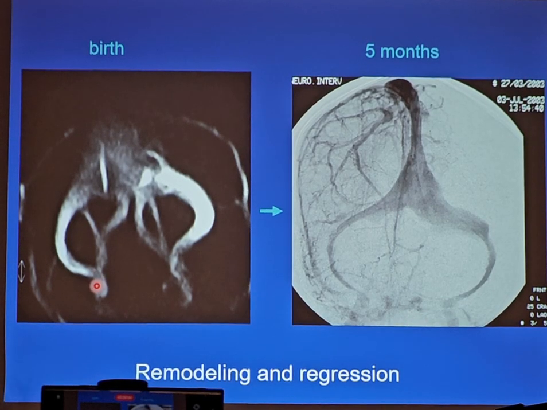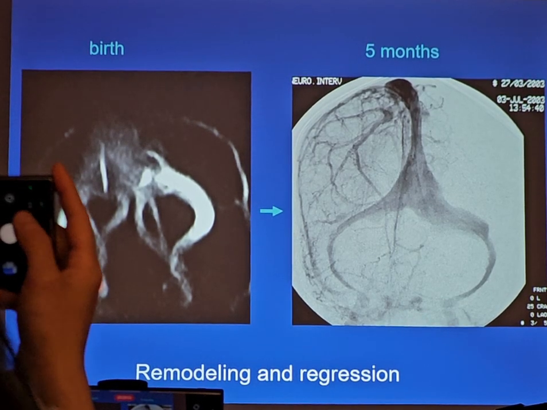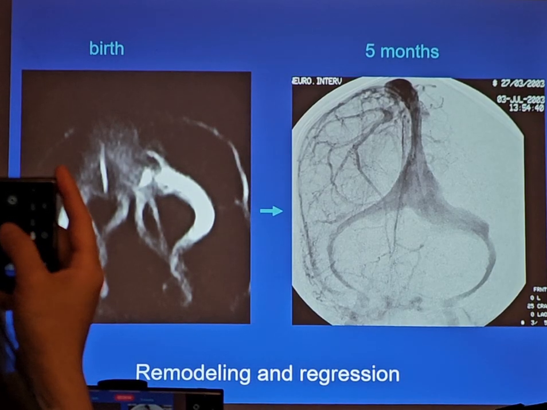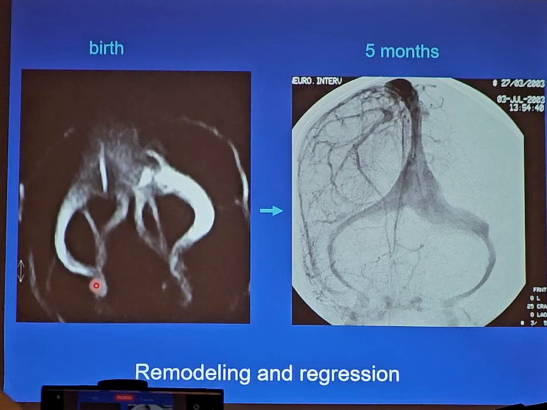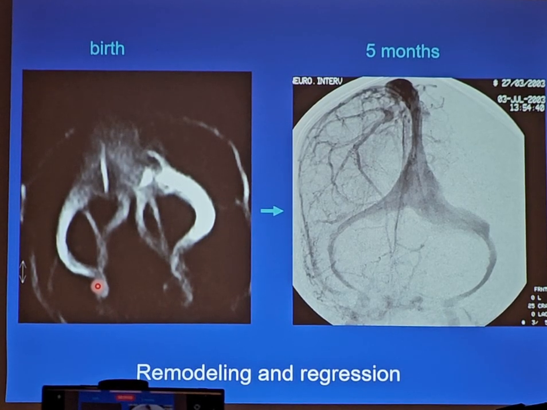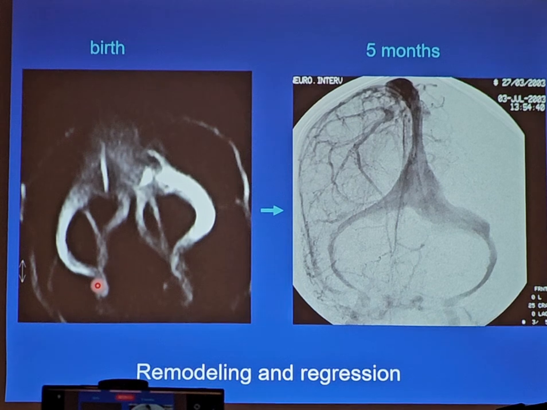We also have to remember that the veins are not cooked when you're born. They keep on progressing, up to about age 2, when they finally reach their final adult type of configuration. So there's an ongoing evolution in the shape and size of the dural sinuses after birth.